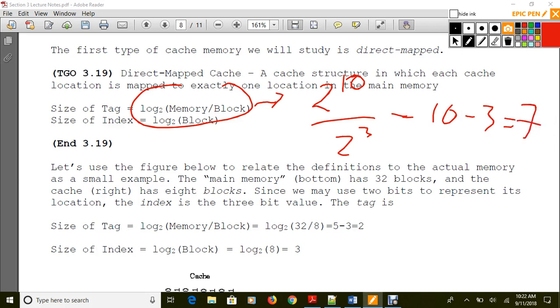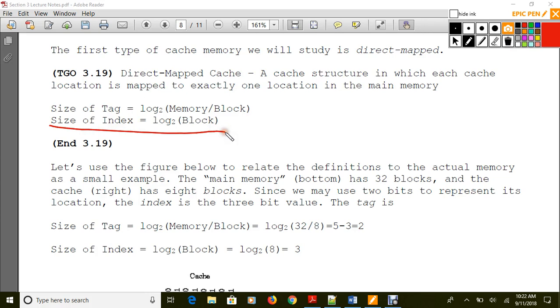And then the size of the index is how many blocks I have. In the example I gave you before, I said there are 8 blocks, so that's 8, and the index size ends up being just 3, right? What I gave you was an example with 32 words in memory. How do we figure out the tag and the index?